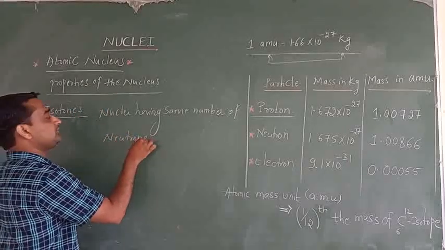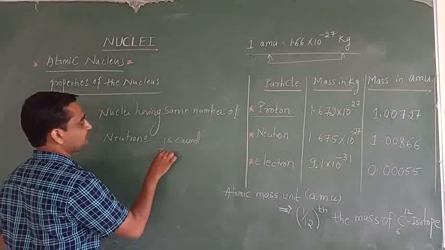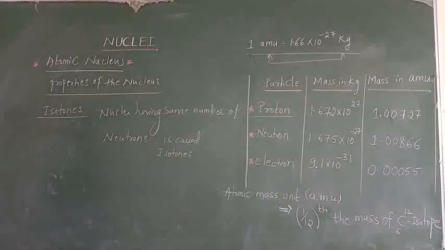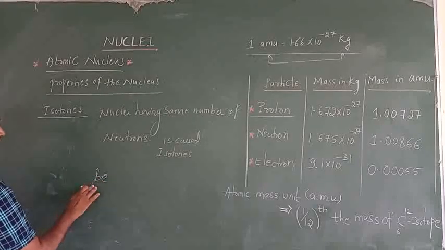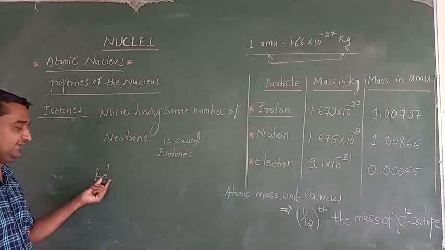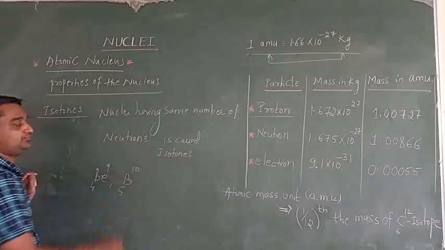So here you can give an example for isotones with same number of neutrons. Beryllium 4 9, right? Hydrogen, helium, lithium, beryllium. Next element is what? The boron 5 10.